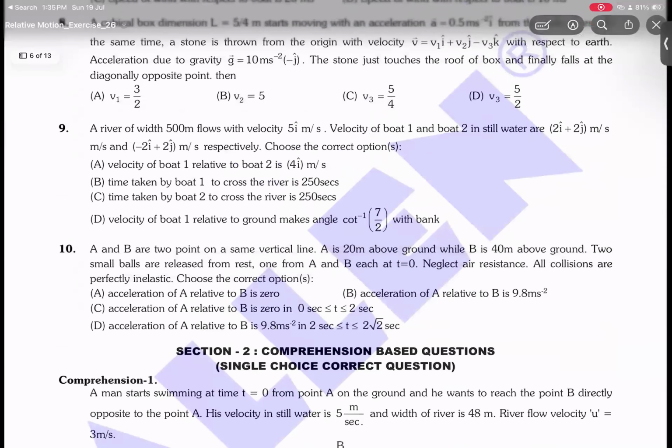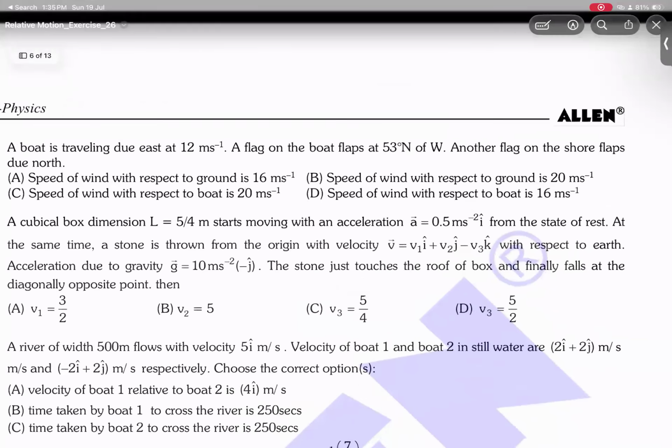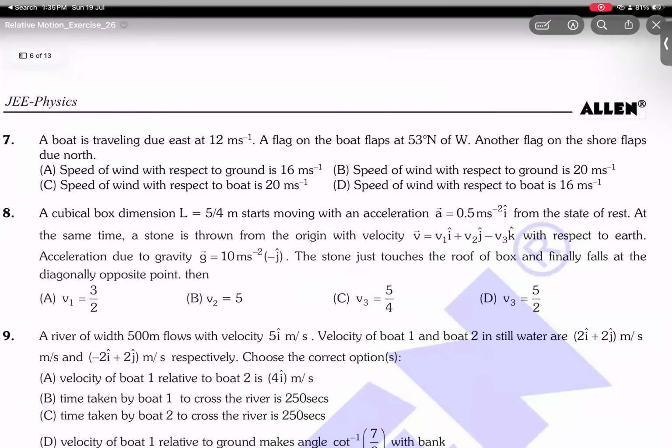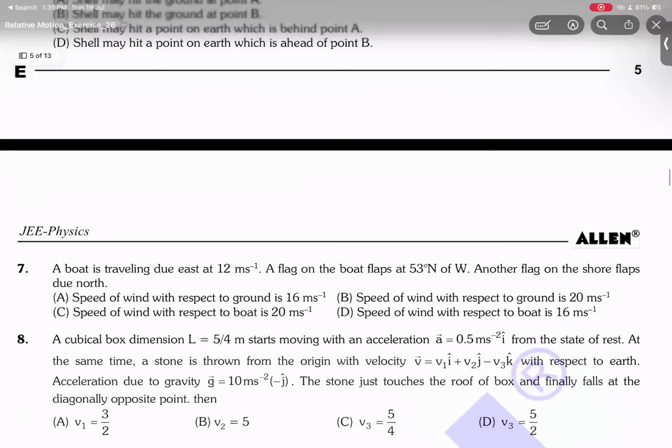Let's solve question number 8 of exercise 1, I think it is. No, exercise 2, question number 8.